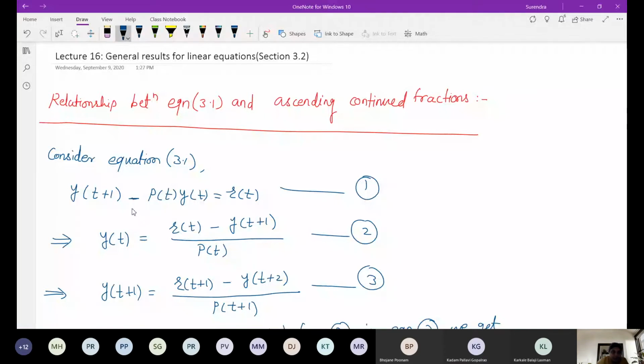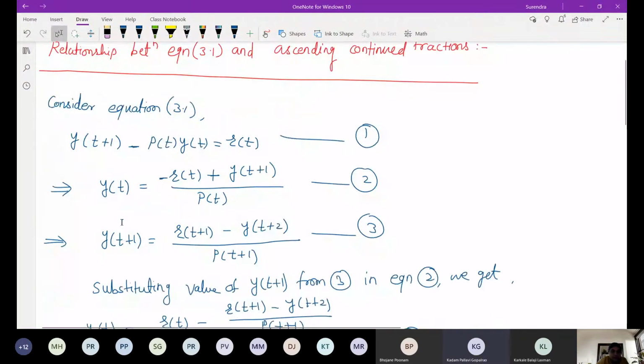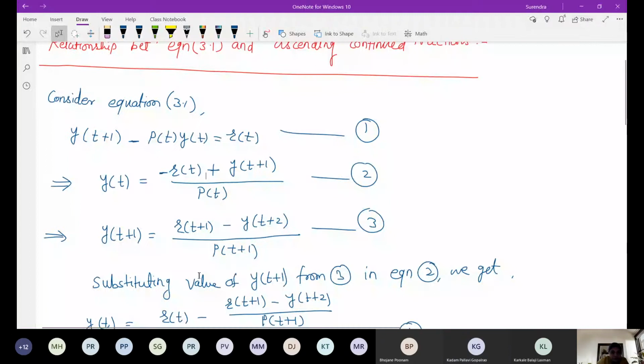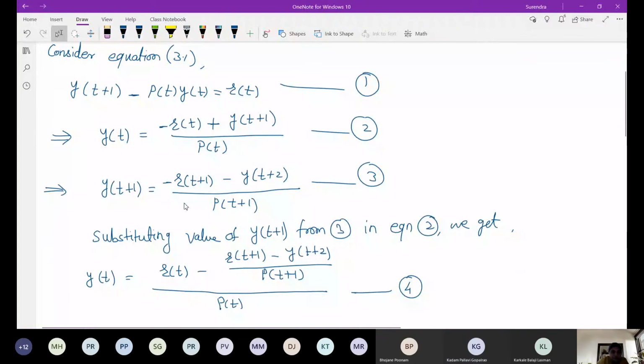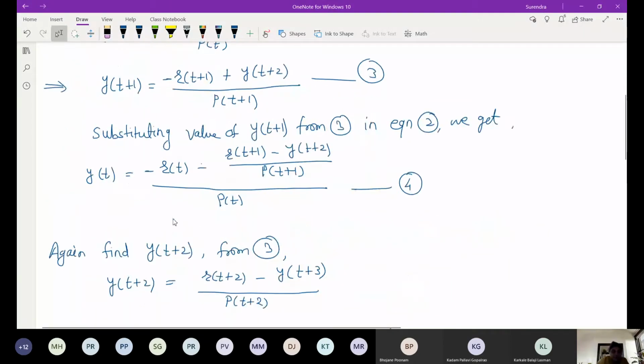So if it is minus, then it will be minus, right? This goes here. So y t plus 1 will become plus, right? Yes, ma'am. Y t plus 1 will be my minus, all things will change. So this will be plus y t plus 2. This will be minus and this will be plus. This is minus, this is plus.